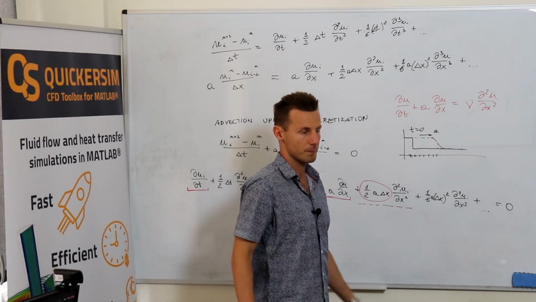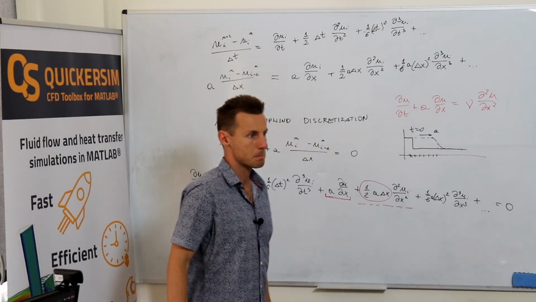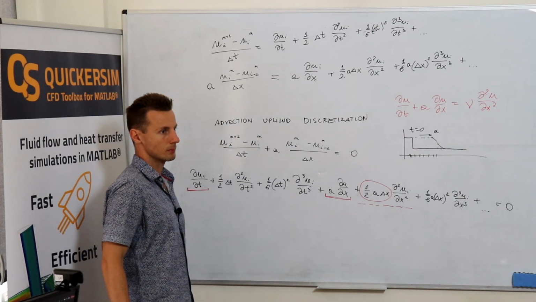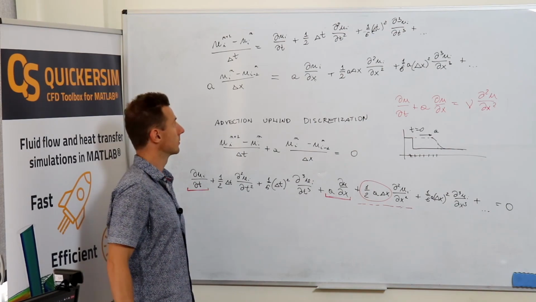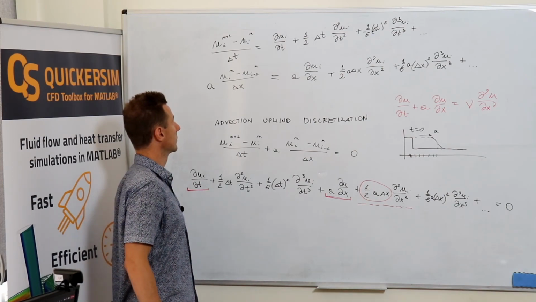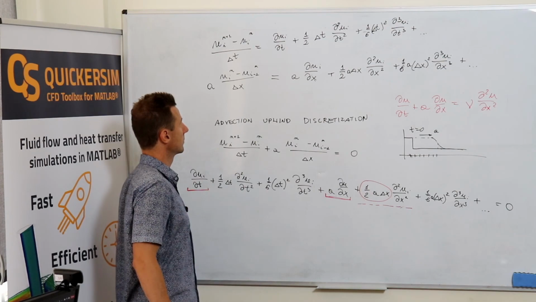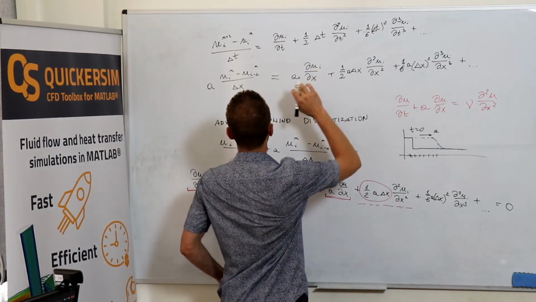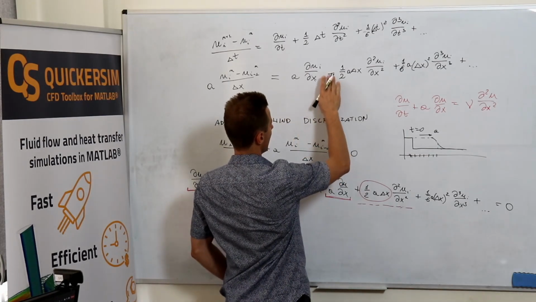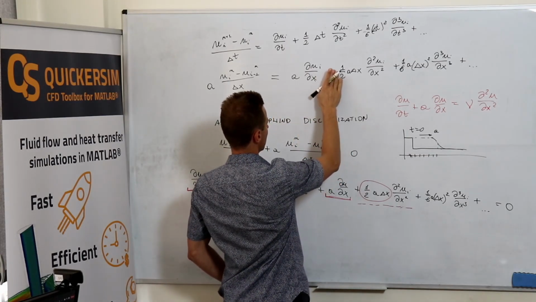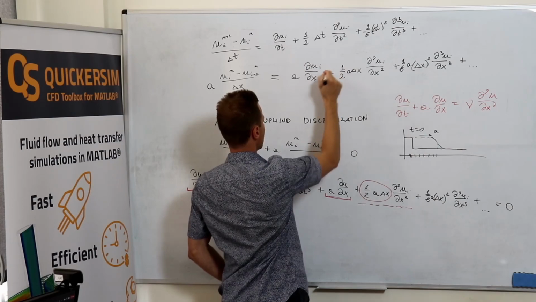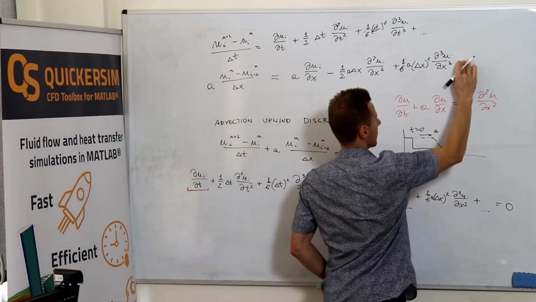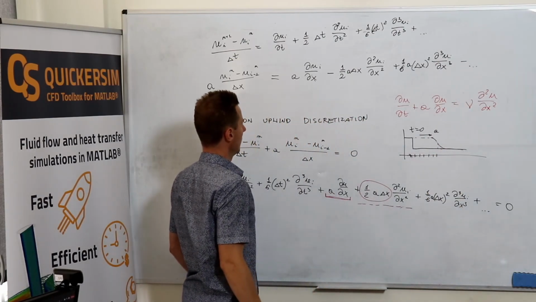I have one comment. Actually, in the formula for the space discretization, there should be a minus before the second derivative, and then the minus in the bottom. That's true, because it's subtraction and there should be a minus also here.